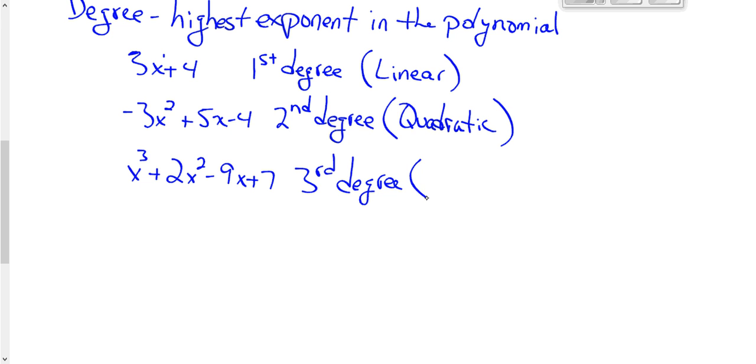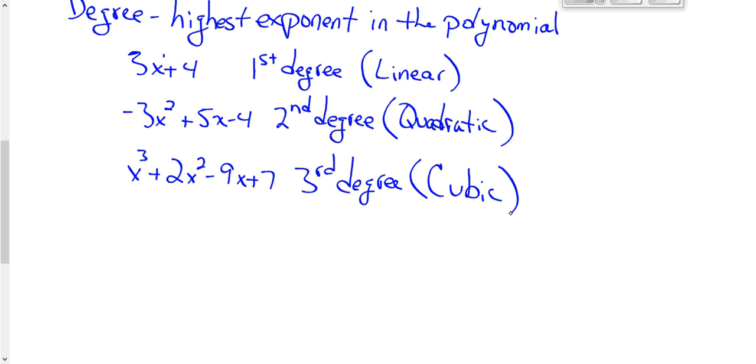Anybody know what we call these? Cubic. Linear, like a line. Quadratic, like a square. How do you find the area of a square?